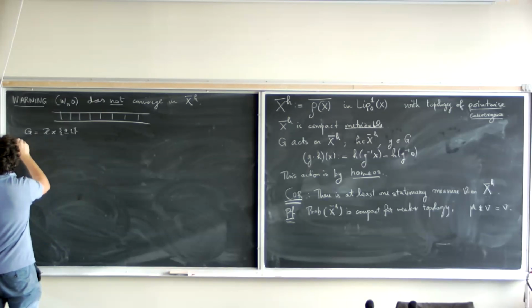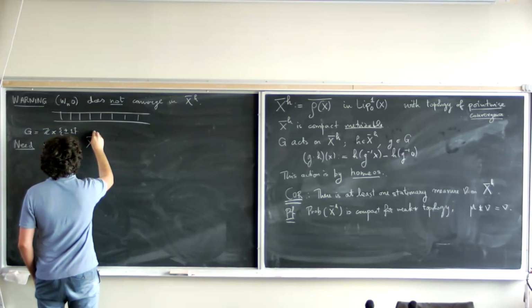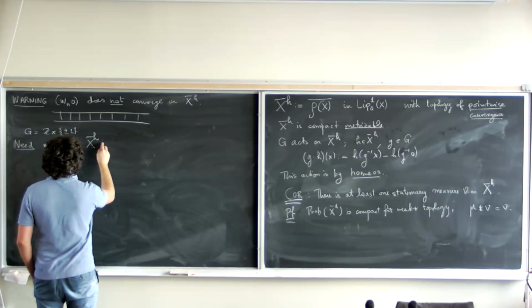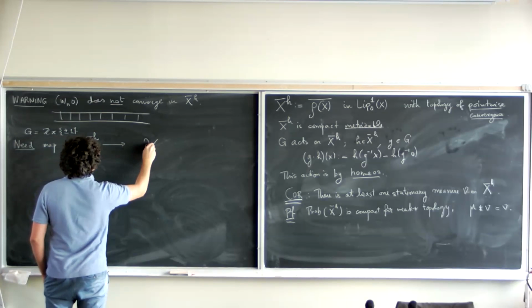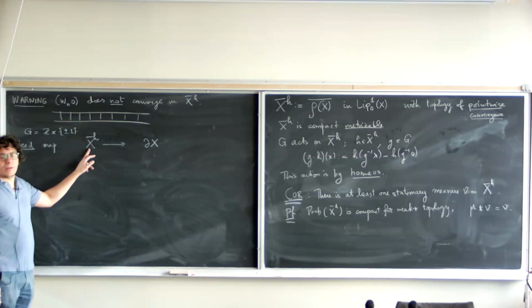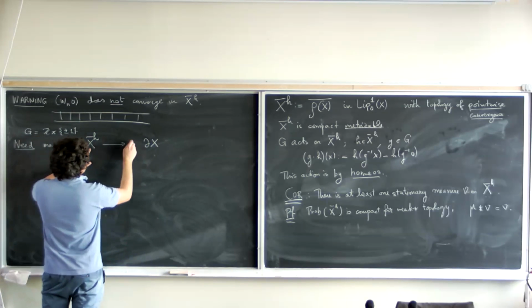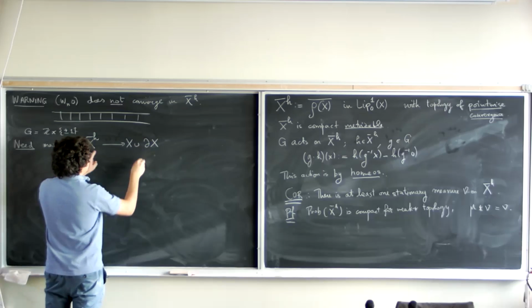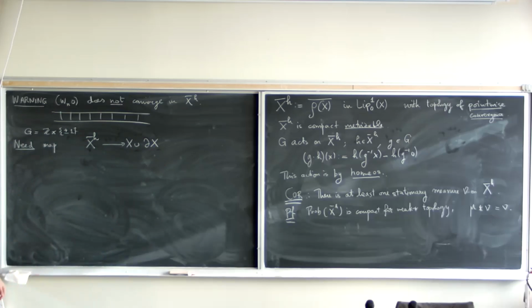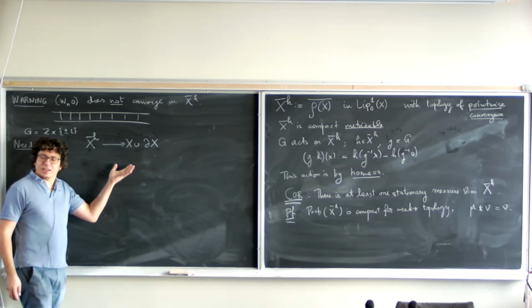So what do we need? We need a map from the horofunction boundary, or at least, to the Gromov boundary. In fact, if we take the whole horofunction compactification, the starting points are inside the space, so you want to map from the whole compactification to the Gromov compactification. Obviously, another thing we would like this map to be is G-equivariant.